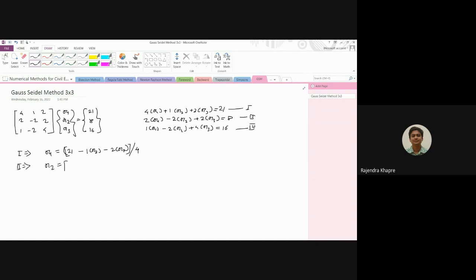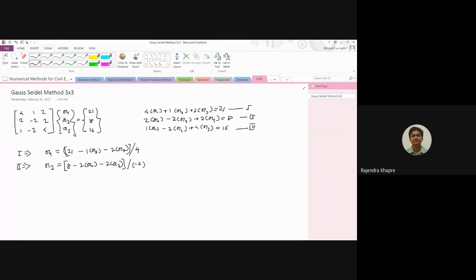In a similar way, you can rewrite expression number 2 in terms of x2. So x2 can be calculated as 8 minus 2 times x1 minus 2 times x3, the whole divided by minus 2.